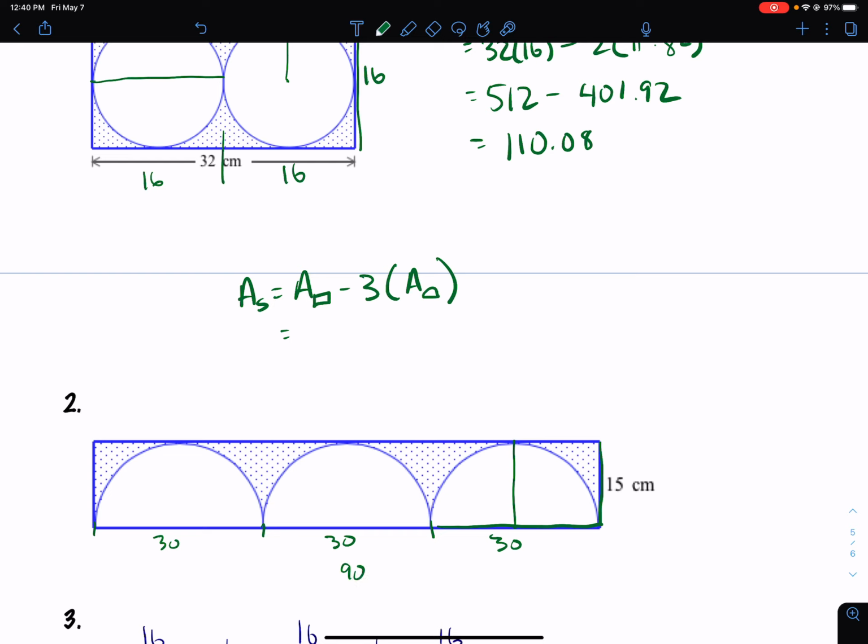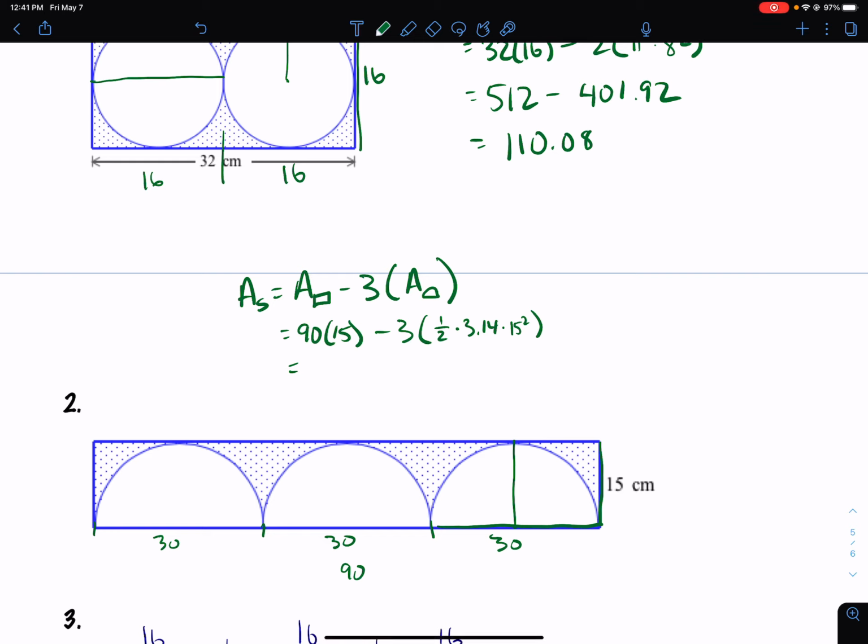So the area of the rectangle is going to be 90 times 15 minus 3 times the 3 semicircles. So this is going to be half, I'm going to call it 0.5, times 3.14 times the radius squared, so 15 squared, okay?